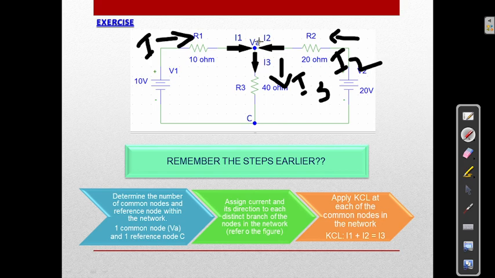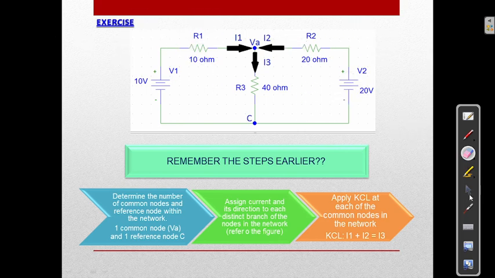At node VA, the incoming currents are I1 and I2, and the leaving current is I3. Then we apply KCL at the common node: I1 plus I2 equals I3, because I1 and I2 are incoming currents of node VA, and I3 is the leaving current of node VA.